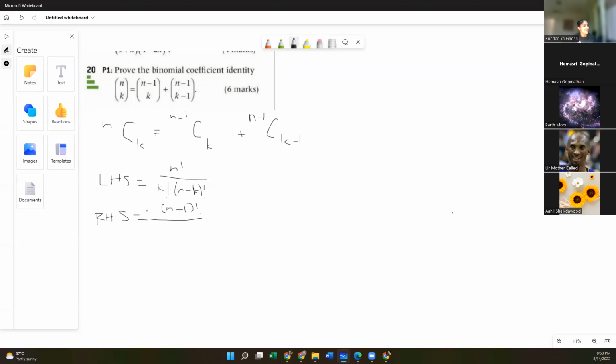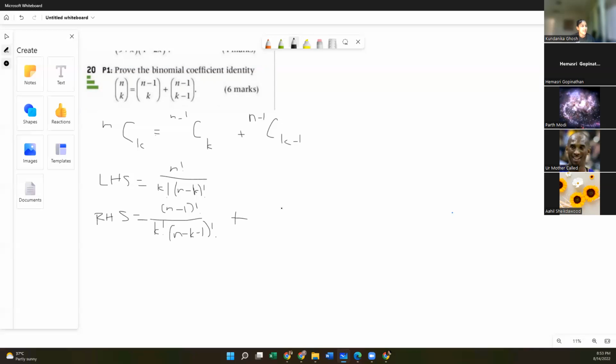Okay. But you're going to have n minus 1 factorial over k factorial times n minus 1 minus k factorial, or you can just rewrite that as n minus k minus 1 factorial. It'll help later on, I swear.